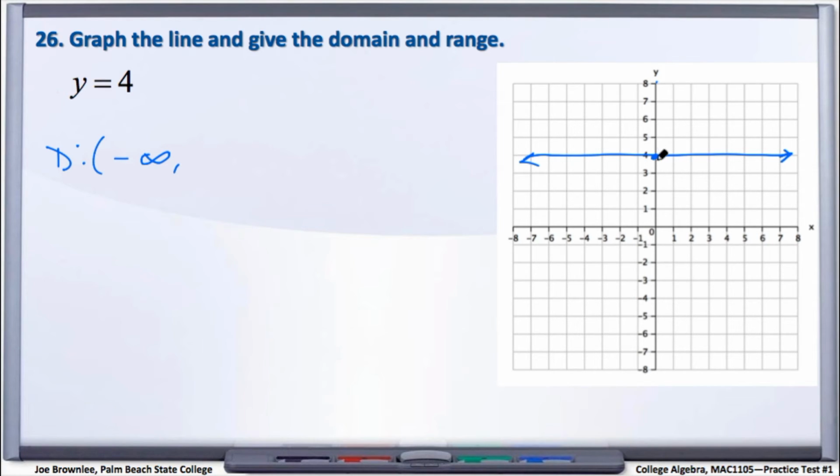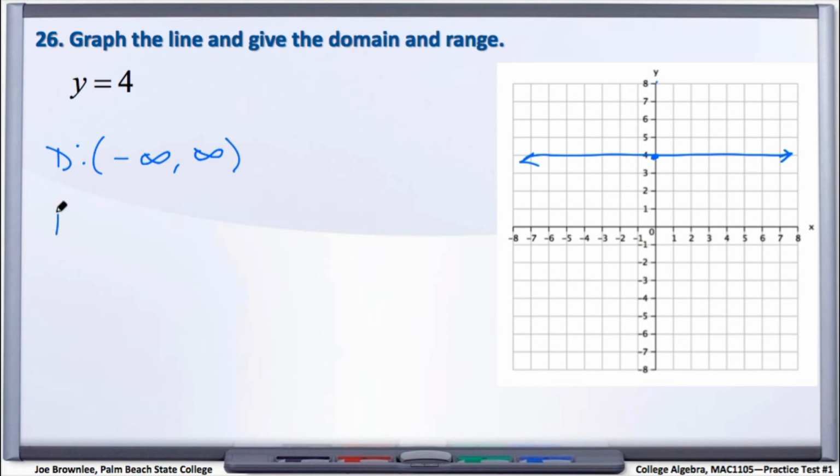And here, as the x's get bigger, because of this arrow, it indicates it keeps going on and on forever. Well, they're getting bigger forever and therefore going out towards positive infinity. So our domain, the x values, go from negative infinity to positive infinity. And of course, we know that with infinity, we use parentheses.